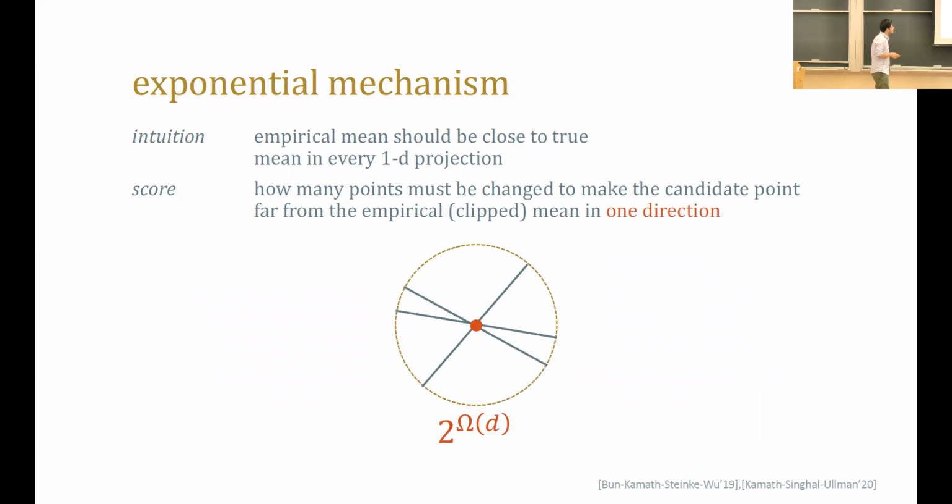Okay. Now the issue is that it's not clear how to compute this score function. And the naive way is basically by looking into every direction. So you're going to require looking at every direction in d dimensions, which is exponential in d.